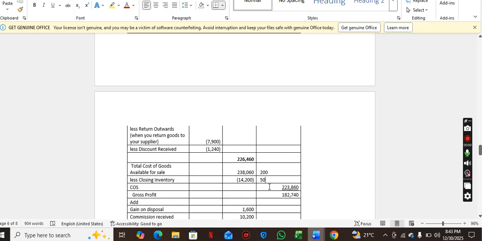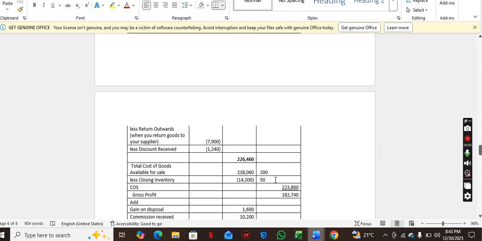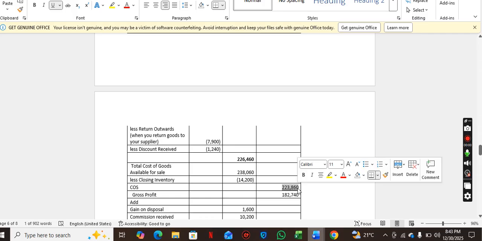This is telling us these 150 goods that you sold that year cost 223,860. Any questions? That is the cost of the goods that have been sold.